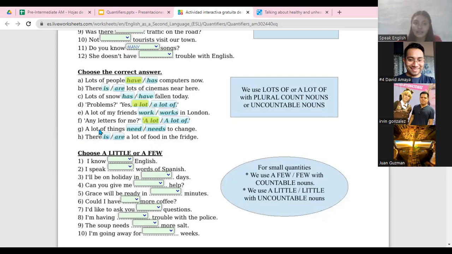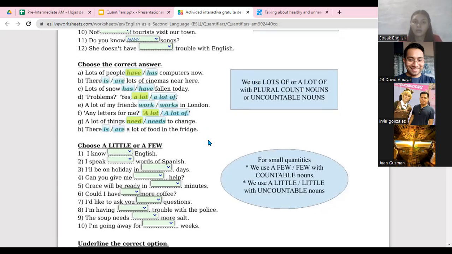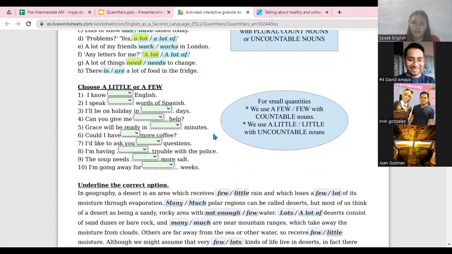And here, a lot of things. This is plural. That's why you use need. Needs is just for singular. Okay? Let me see what else is here.